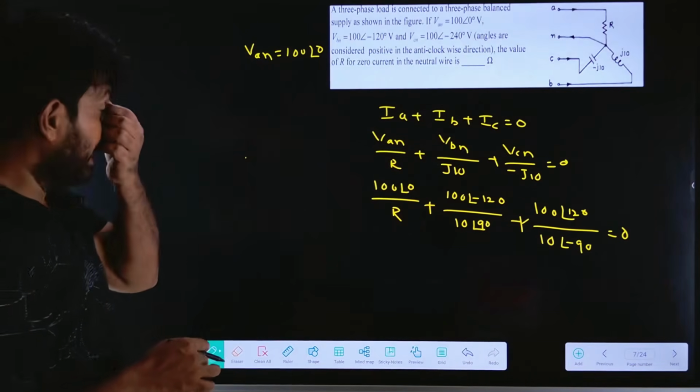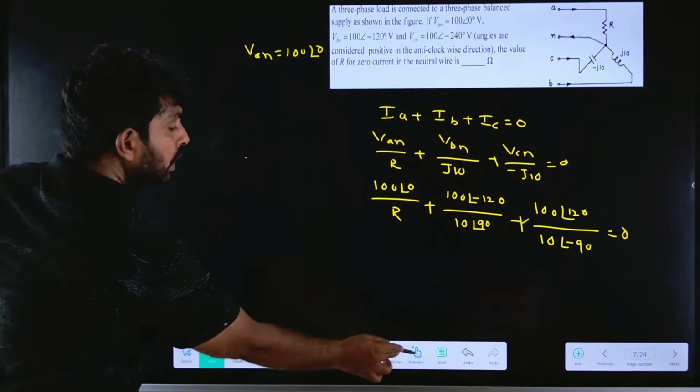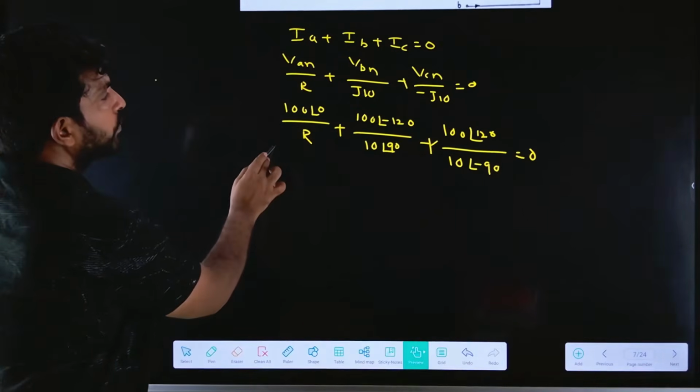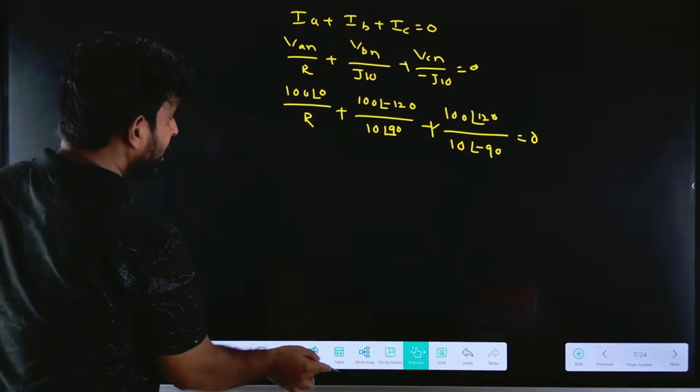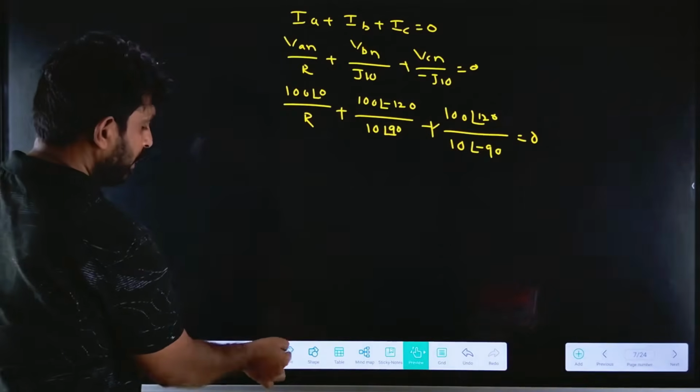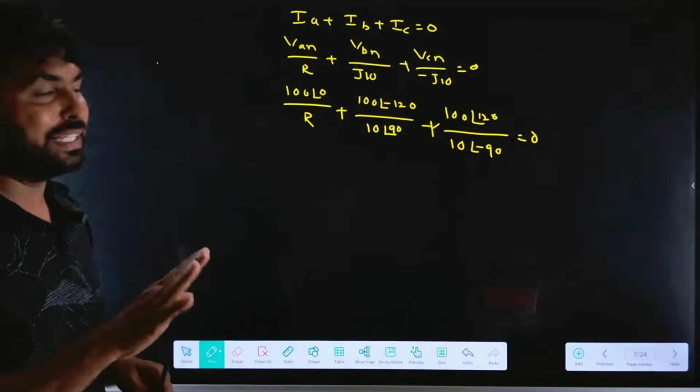Now we need to find the R value from here. Very easy if you know the basic concepts.